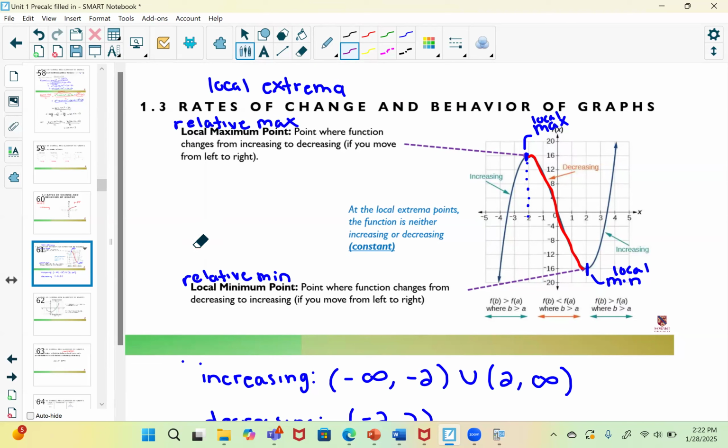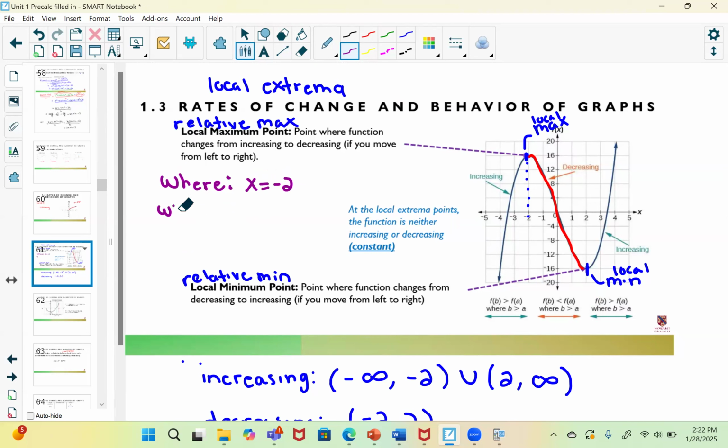Now, for the local max and local min, they might ask you where is it, or they might ask you what is the local max or min. So if they say where, you give the x value. So the local max occurs at x equals -2.